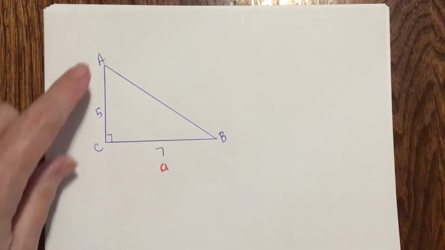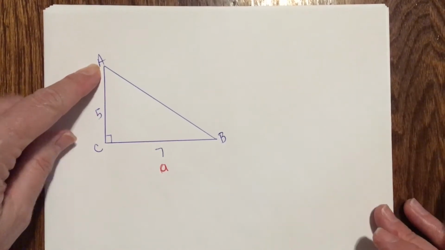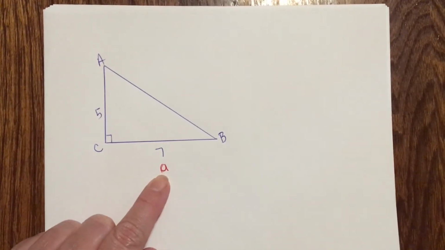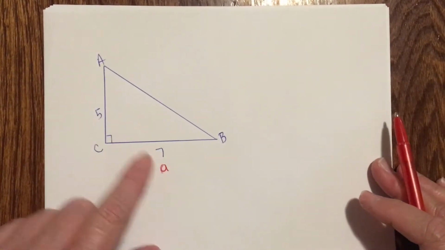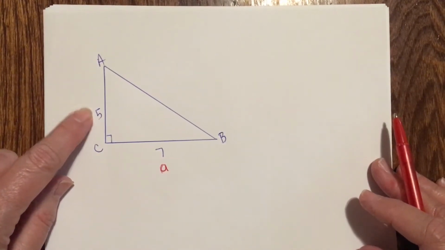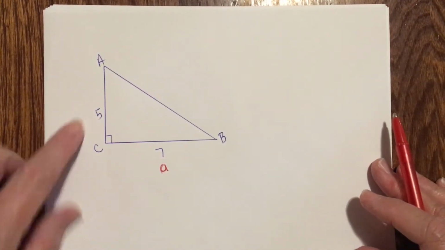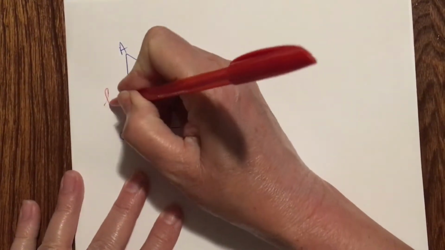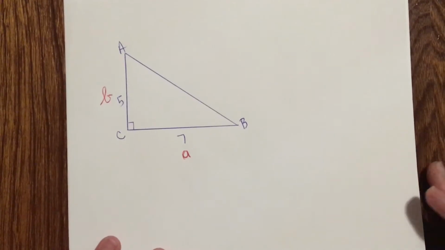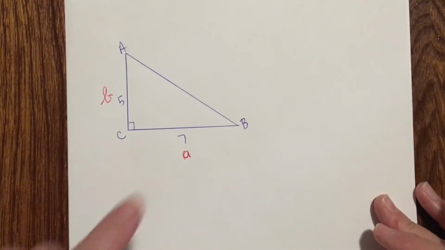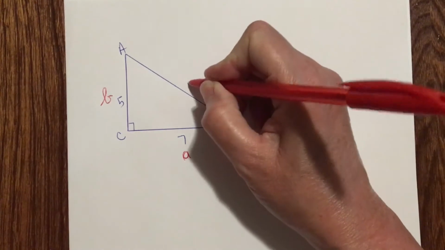In this video, capital A is the angle, lowercase a is the length of the side from B to C or C to B. You could reverse them and it's the same side. I'm going to use lowercase b for the side that's 5. I'm going to write my b as a script b because if I write a print b, it's going to look like a 6. And for the hypotenuse, I'm going to use C.